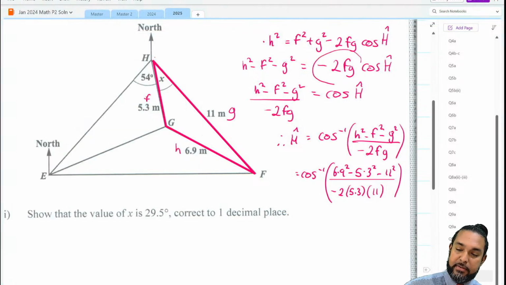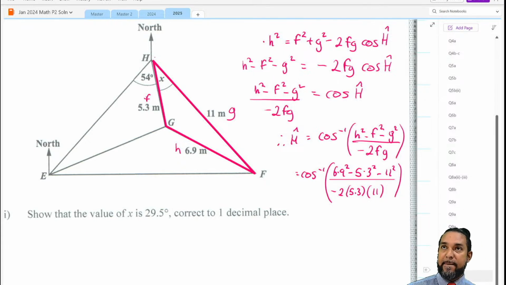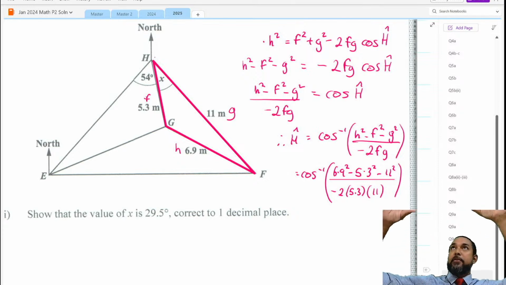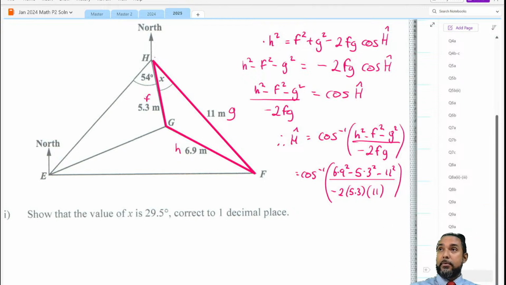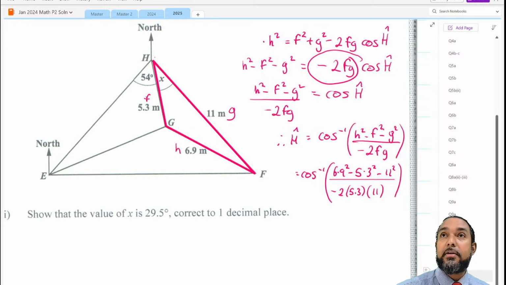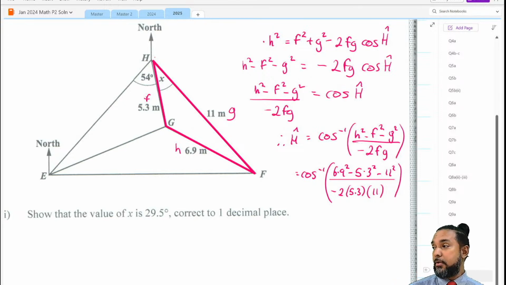Because you're dividing by this. And that's the problem with telling children when you carry something across the equal sign, change signs. That's not how it works. The reason they change sign is because if something was added on one side, to remove it, you have to do the opposite operation. You're multiplying by minus 2fg. So to remove something that's attached by multiplication, use division.